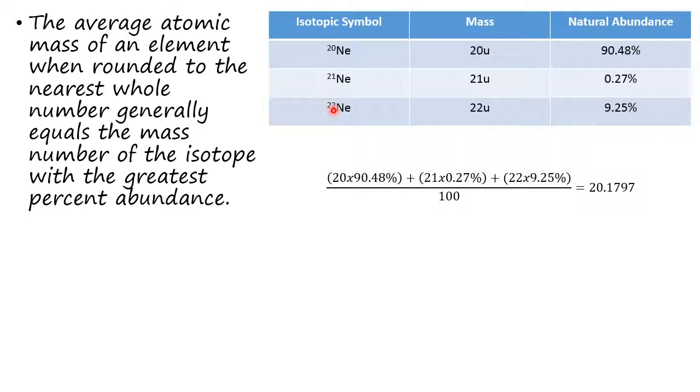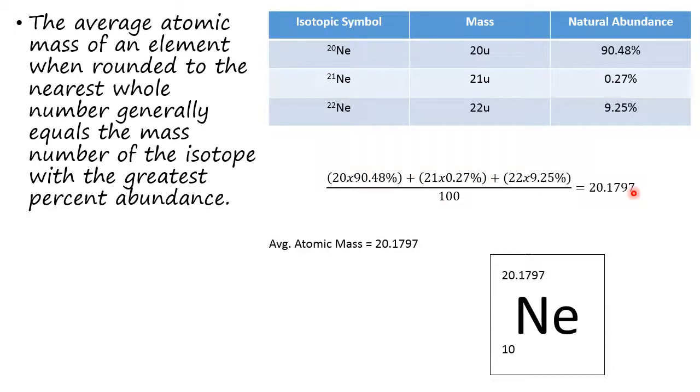And neon 22 has a mass of 22 atomic mass units and occurs 9.25% in nature. And then we divide this whole value by 100, and we'll get the average atomic mass of neon to be 20.1797.